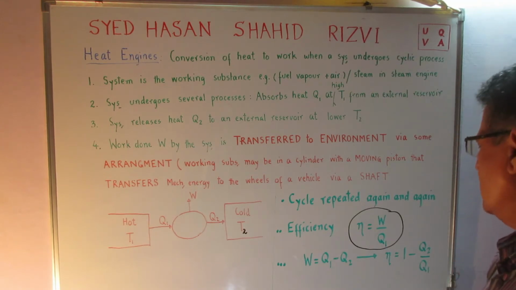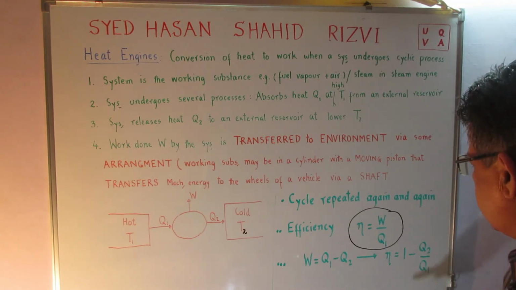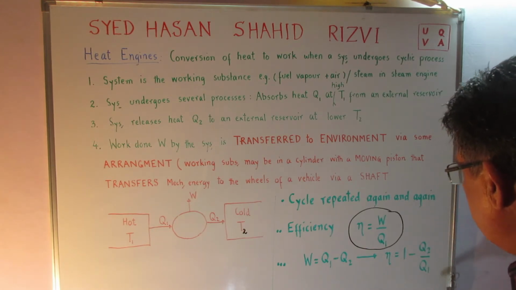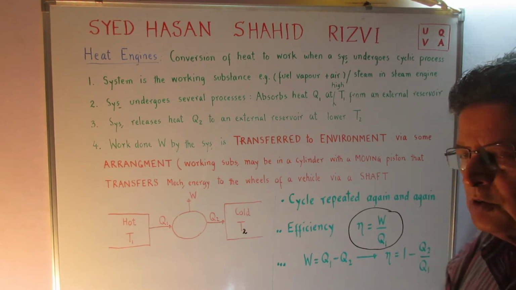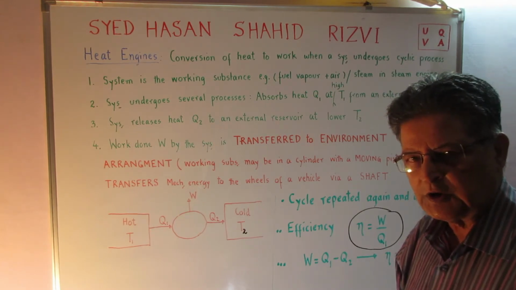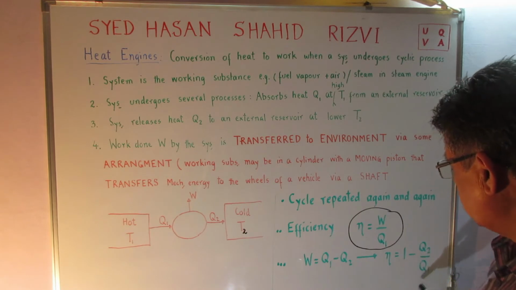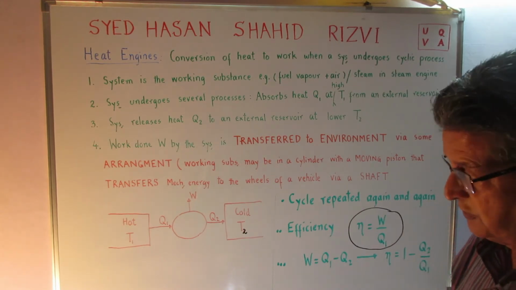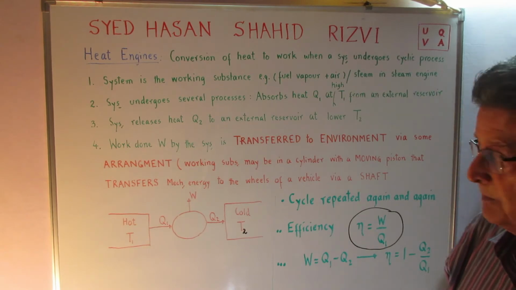The value of eta can be equal to 1 at maximum if Q2 upon Q1 is equal to 0, and since Q1 is not equal to 0, Q2 has to be equal to 0, which is a remote possibility.